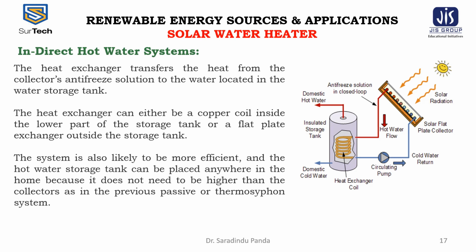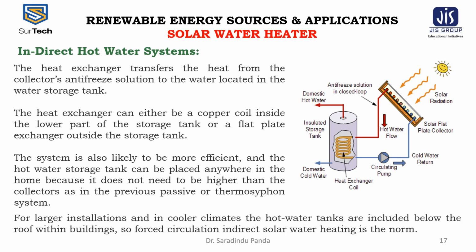Some designs use a small low voltage pump and photovoltaic panel alongside the collector, making the system more efficient and greener. For larger installations and in cooler climates, the hot water tanks are included below the roof within the buildings. So forced circulation indirect solar water heating is the norm.